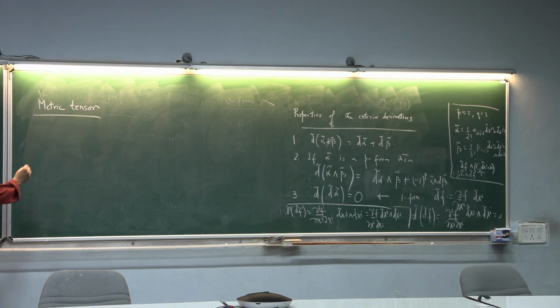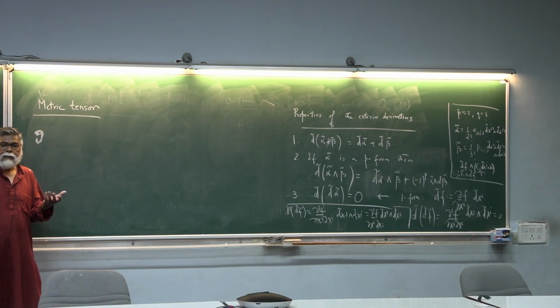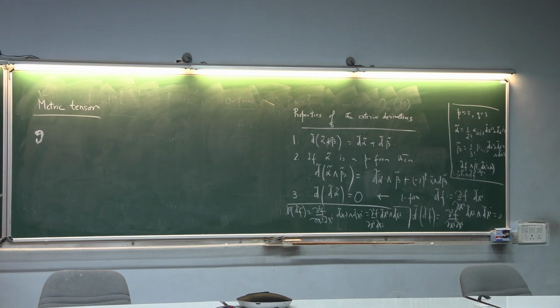Metric G, a bold G, because the determinant of a metric is also written as G, is obtained by a tensor product of one forms.